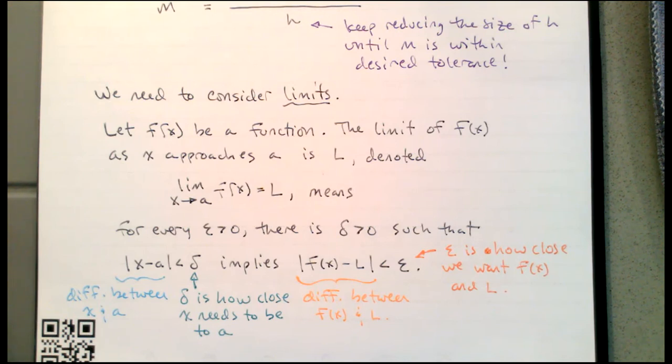All right. So tomorrow, I'm probably going to lead with asking you what the limit as x approaches a of f of x equals L means. And your answer will be, for every epsilon greater than 0, there is delta greater than 0, such that the absolute value of x minus a less than delta implies the absolute value of f of x minus L is less than epsilon.